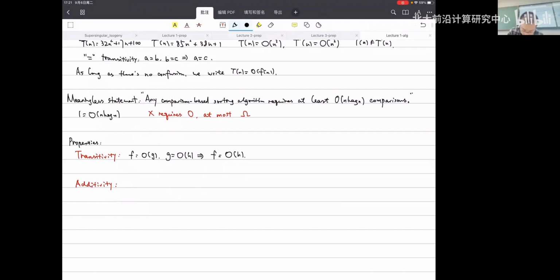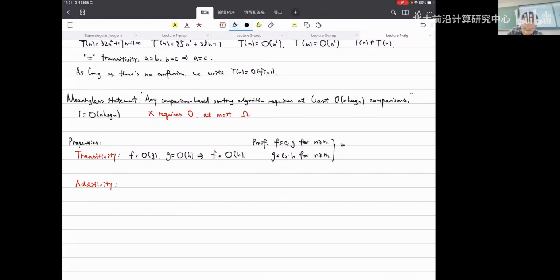Let's give a very brief proof here. We know that F is smaller than C1 times G for n at least n1, and also we know that G is smaller than C2 times H for every n at least n2.